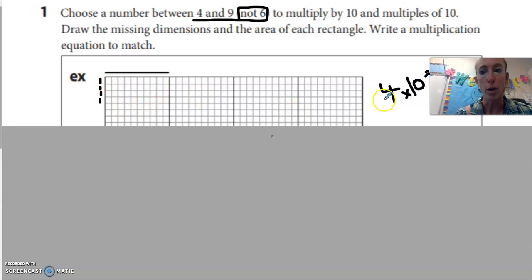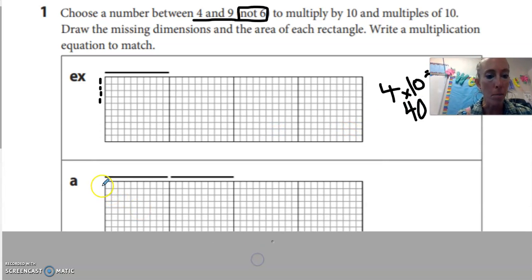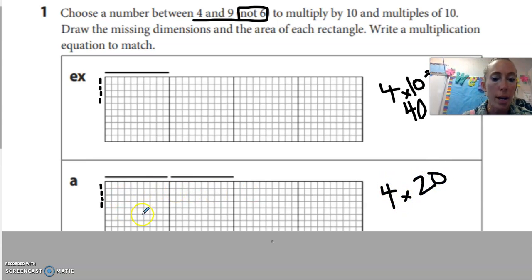That's this rectangle right here, 4 tens. Then I'm going to go down, and my factor's still going to be 4, but now I have 4 times 20. You're going to show and prove that your answer is right. Good luck. Go forth and multiply by multiples of 10.